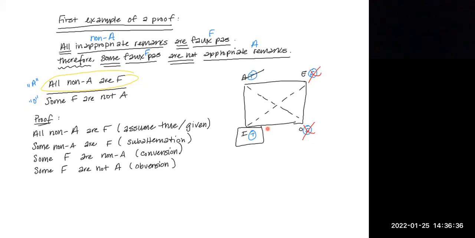This square is not for the entire argument, it's only for the premise. That's why the O can be false on the square and the conclusion can remain true. We'll do more videos giving information about proofs later, but this is the first example of a proof.